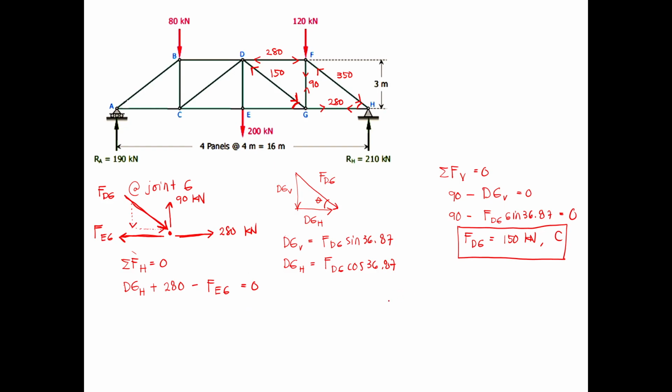So lastly, going back to your horizontal component. This one is FDG cosine 36.87 plus 280 minus FEG equals 0.